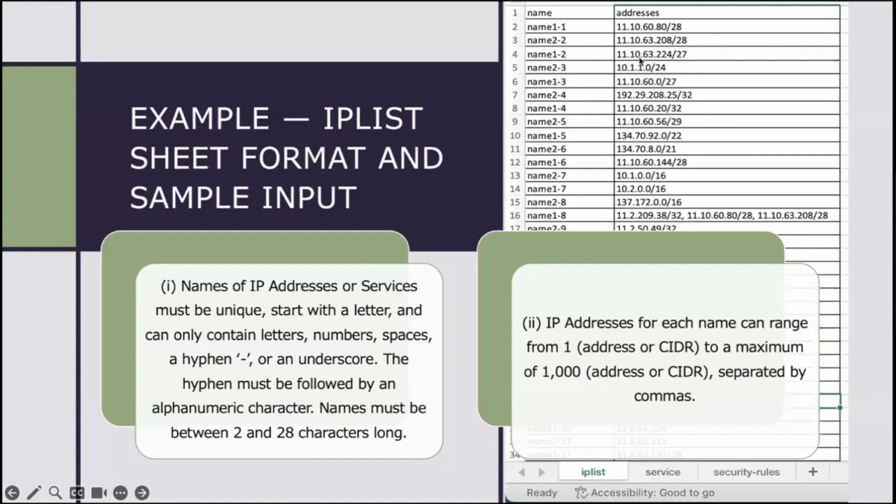The IP address objects can be a single IP address or an IP address with a prefix. You can also have multiple IP addresses under the same name, separated by commas. In your Excel sheet, you can enter data like that, and the tool will be able to convert that to address list JSON. So the IP list will get converted to the address list JSON that you will be importing into the policy.